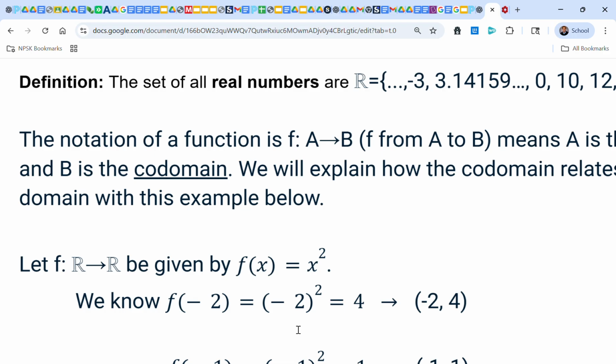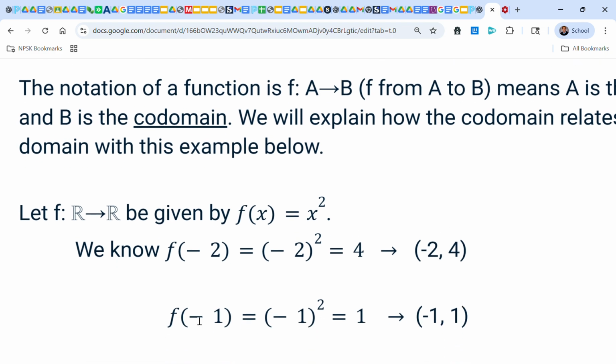So let's just consider this. The domain is all real numbers, so this means we could plug anything we want into this. Well, we know f of negative 2, we replace x with negative 2. Negative 2 squared is negative 2 times negative 2, which is 4. So my input is negative 2 and my output is 4.